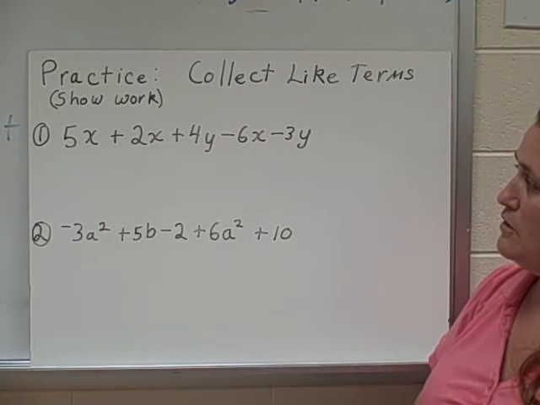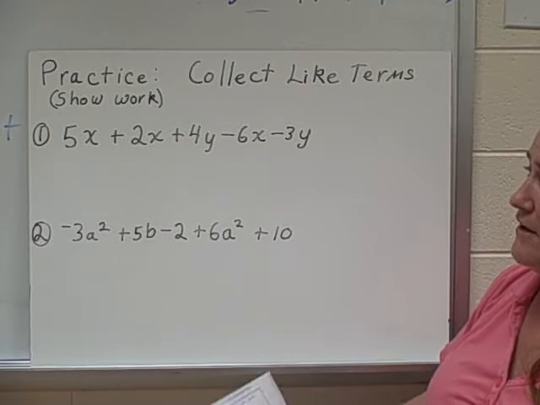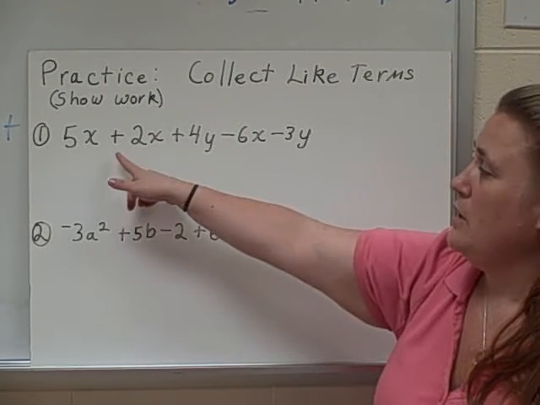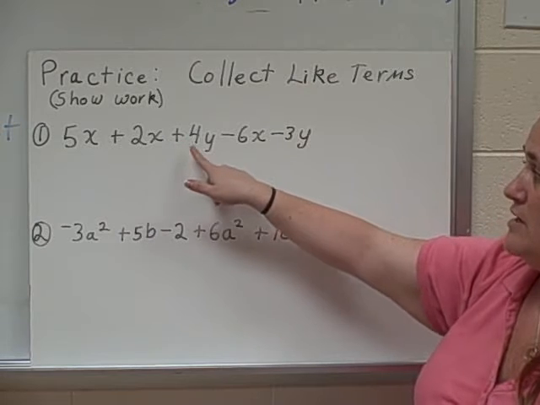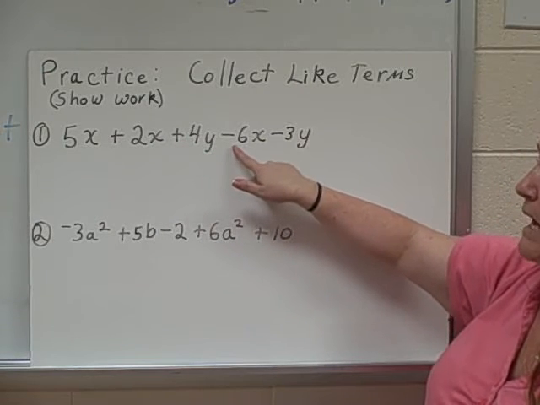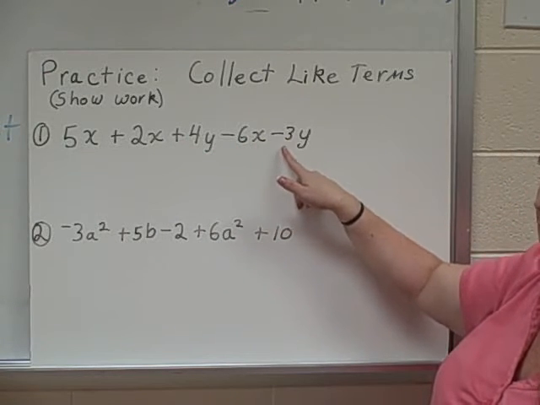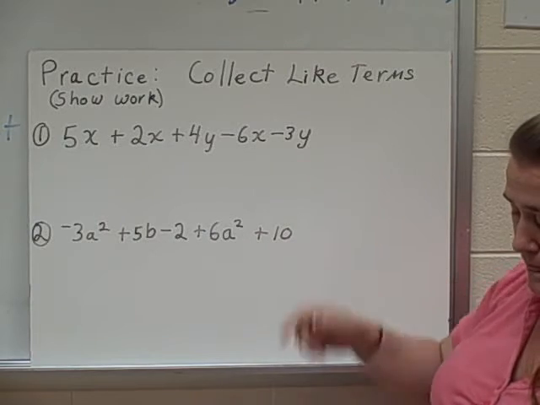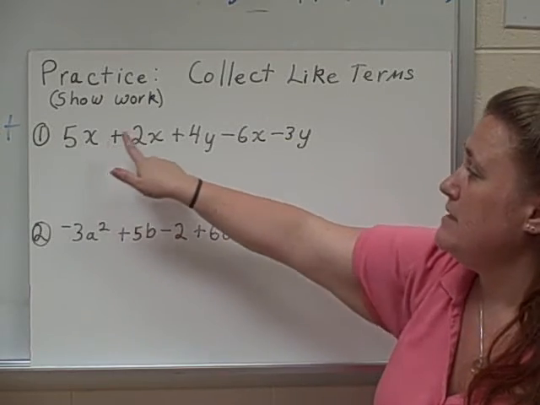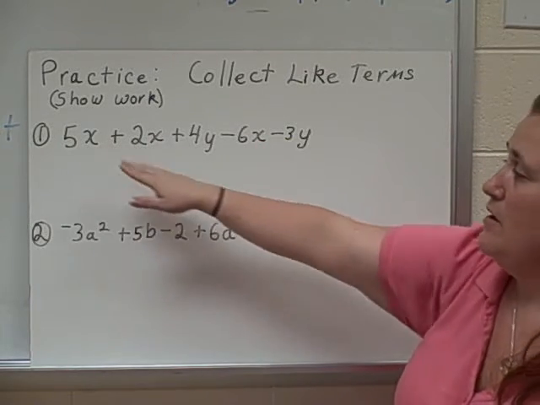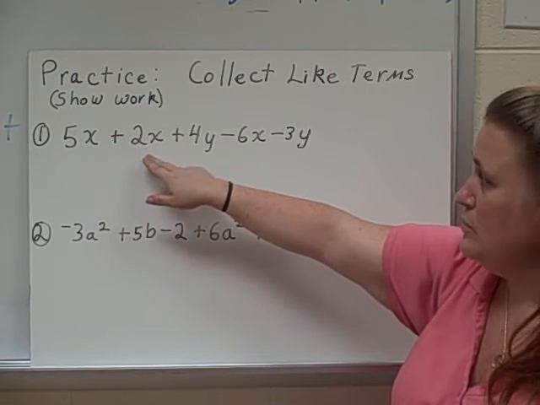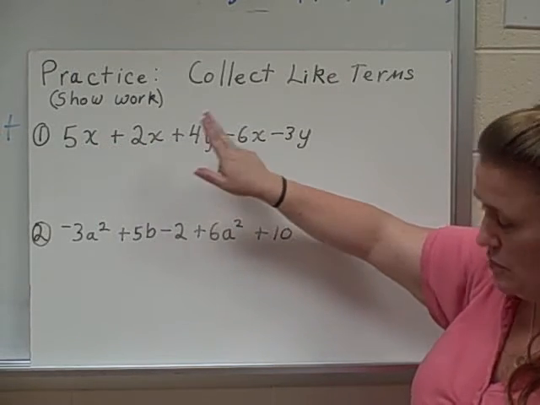All right, so number 1: 5x plus 2x plus 4y minus 6x minus 3y. Well, we take our x's and combine them. 5 plus 2 is 7.